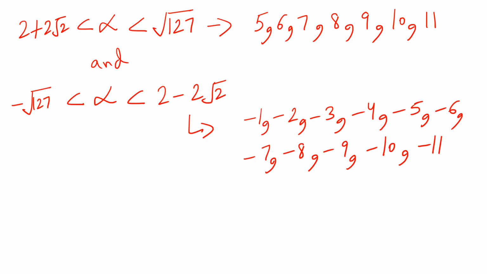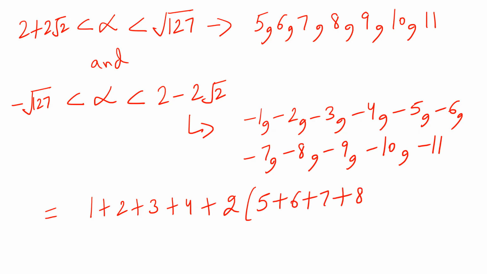So clearly this is equal to 1 + 2 + 3 + 4 + 2 times (5 + 6 + 7 + 8 + 9 + 10 + 11). Now this becomes how much? This is 10 + 2 into... how many values are these?